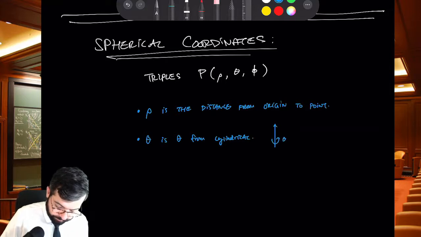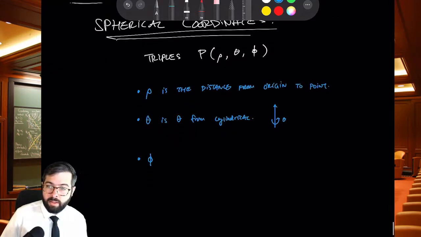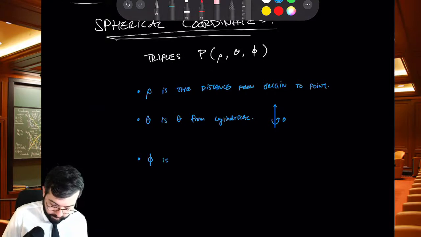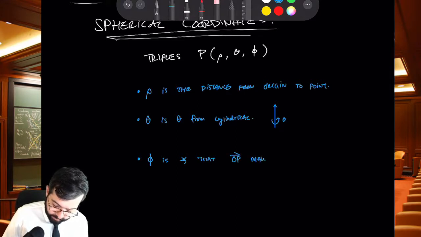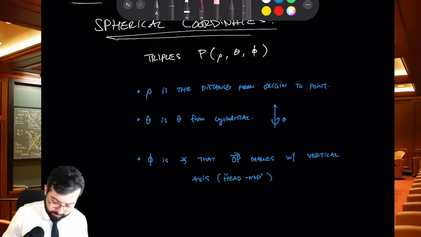And phi is the angle that the position vector makes with the vertical axis. It's the head nod. How far down do I have to look? And phi ranges from 0 to pi.